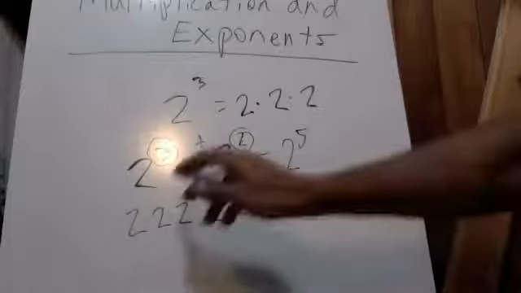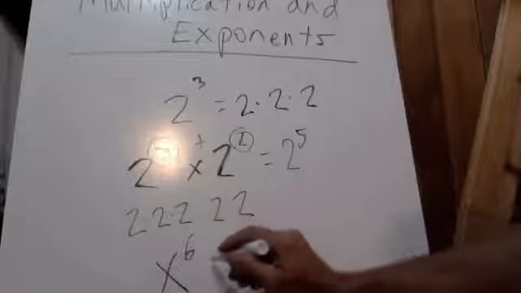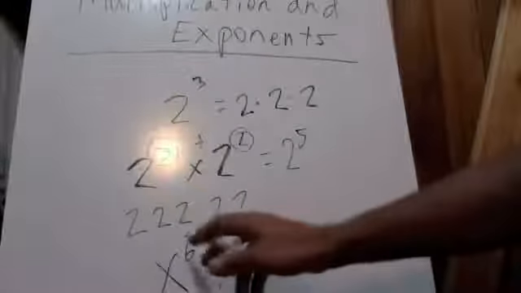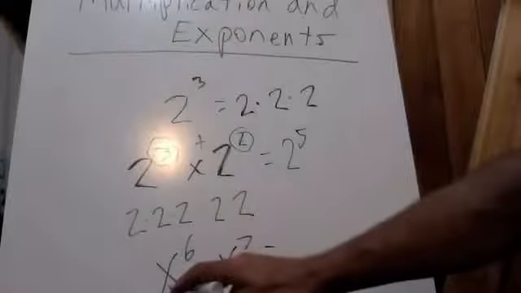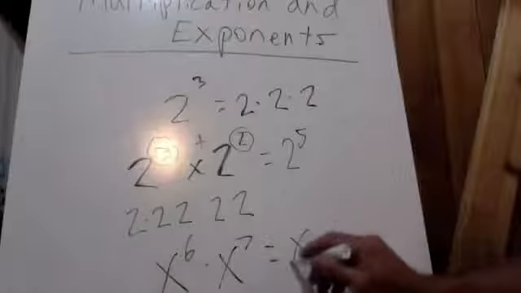If we use variables instead, if we had x to the 6th times x to the 7th, let's say, we're not going to multiply these. We're going to add them because x is being multiplied 6 times and x is being multiplied 7 times. So in total, you're going to get x to the 13th.